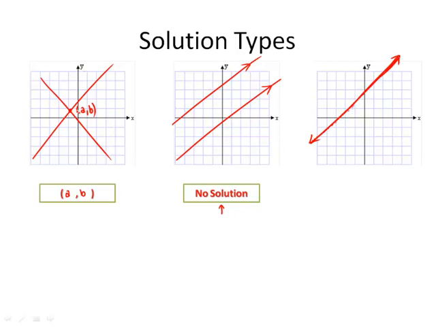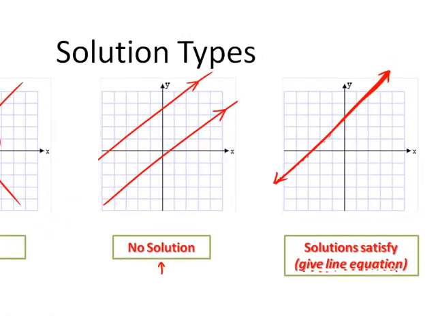So you'll notice there's no way for two lines to cross and have two answers, but there is a way for two lines to cross and have all the answers be exactly the same. So in that case, you would give your line equation, because the line equation is what explains what that line looks like and what all the points on that line are.